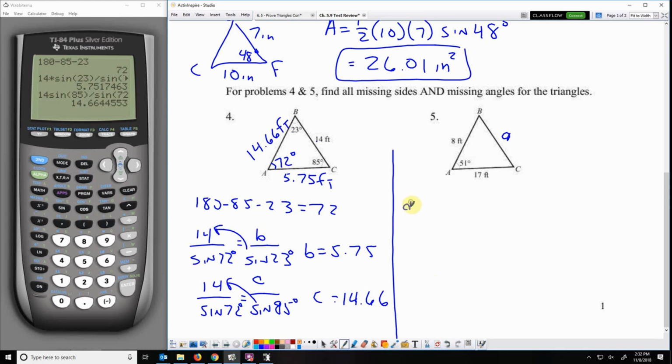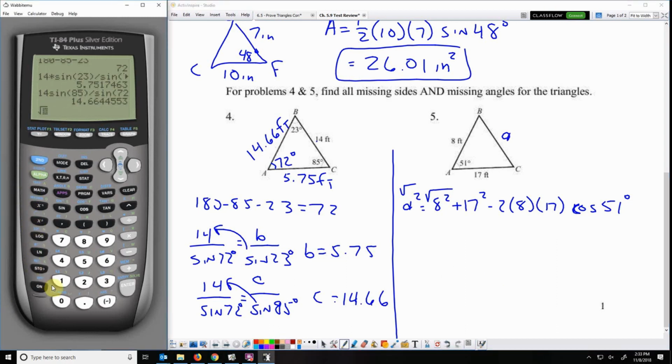So I can do a squared equals 8 squared plus 17 squared minus 2 times 8 times 17 times cosine 51. To get a by itself, all I have to do is take the square root. What I need is the positive square root. So I don't use plus or minus here.